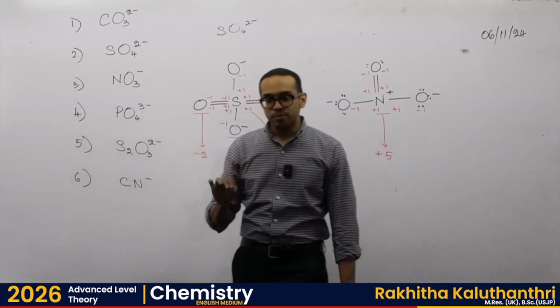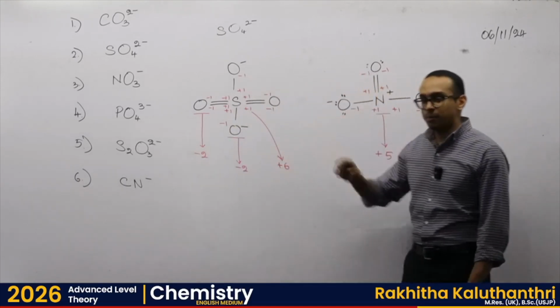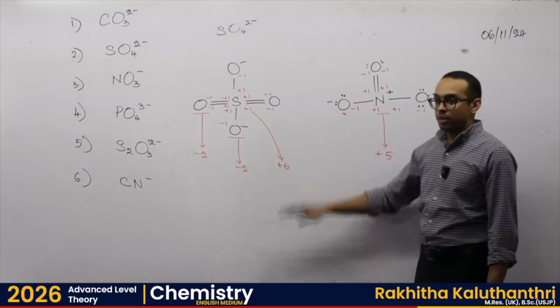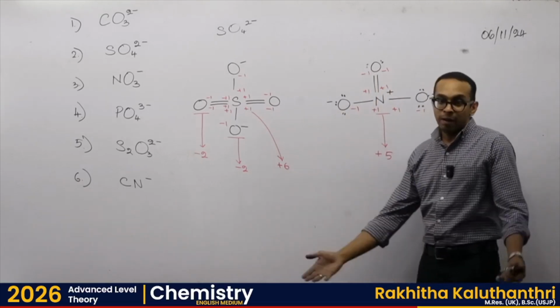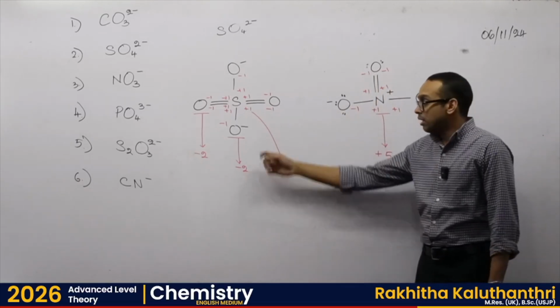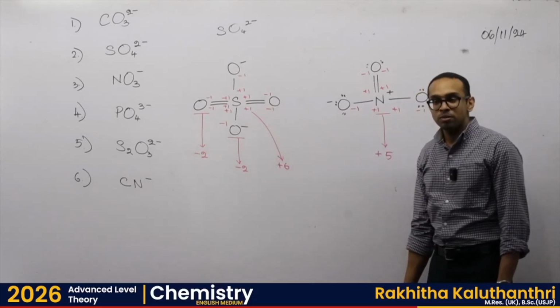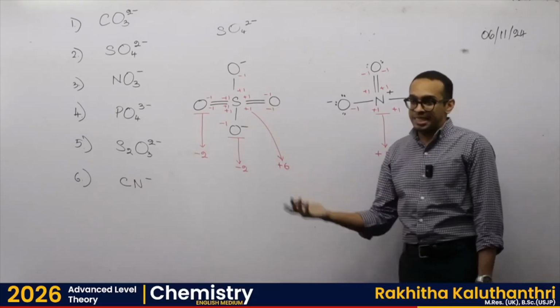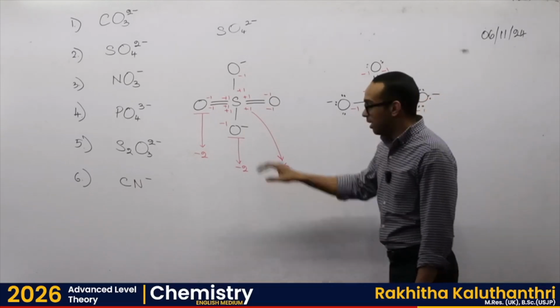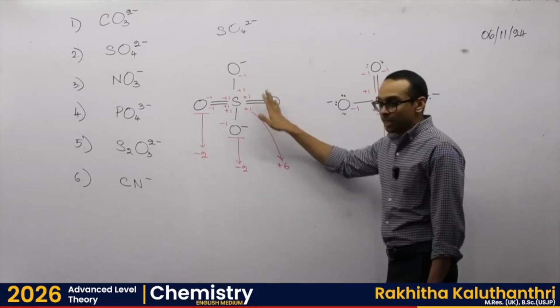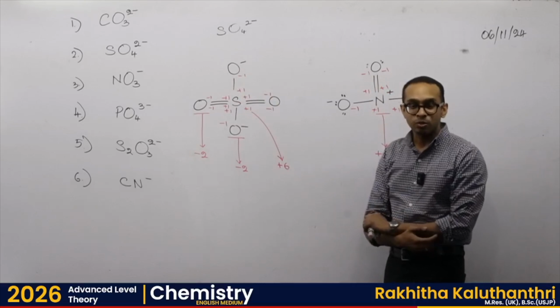Except for that, 99.99% of the time in most of the compounds you see, you don't have to worry, oxygen always ends up getting minus 2. Is that clear? If it is bonded to itself, of course 0, but if it is connected to another atom, it is going to be minus 2.